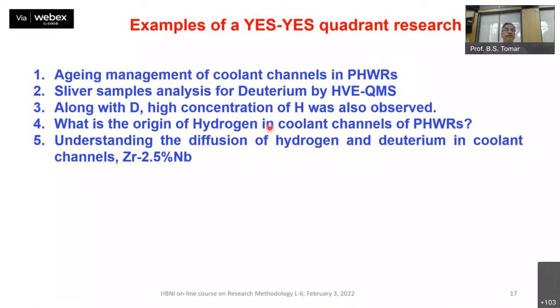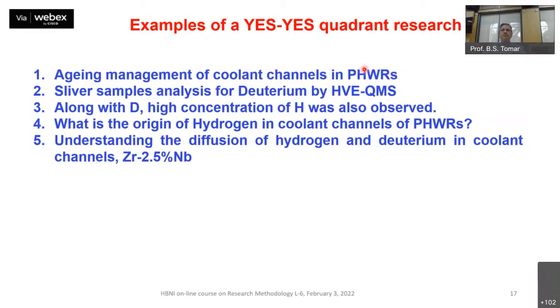The problem relates to the aging management of coolant channels in PHWRs. In the pressurized heavy water reactors of Nuclear Power Corporation of India Limited, the coolant channels through which the coolant flows undergo aging. That aging happens because of hydrogen and deuterium. Now, the PHWR has only D2O, heavy water.